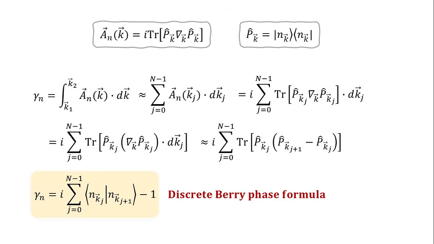It is widely used in numerical computations and lattice models, where the parameter space, such as momentum space, is sampled at discrete points, rather than being treated as continuous. Now, let me draw your attention to these two expressions. By combining them, we can extract a clearer definition of the Berry connection.